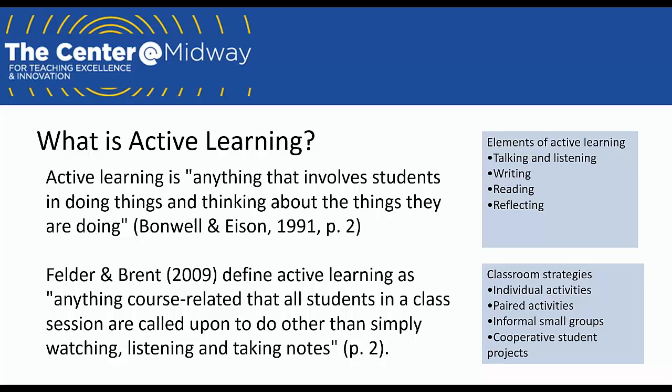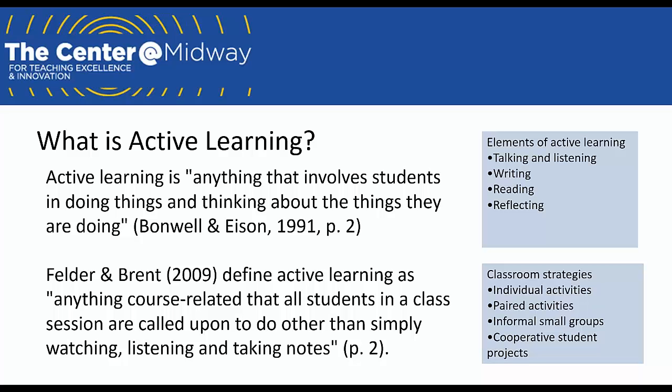Muddiest point papers, which might be something that you do at the end of class, just to ask the students to turn in what part of the lecture they thought was the most difficult to understand, or any sort of little mini quiz that you might distribute anywhere in the learning.